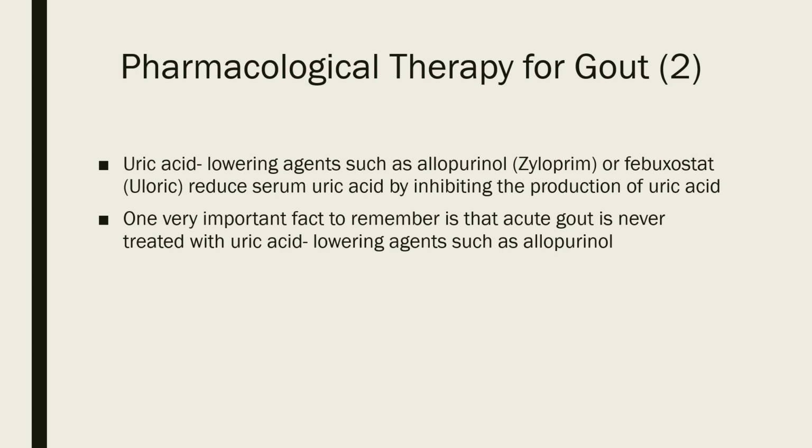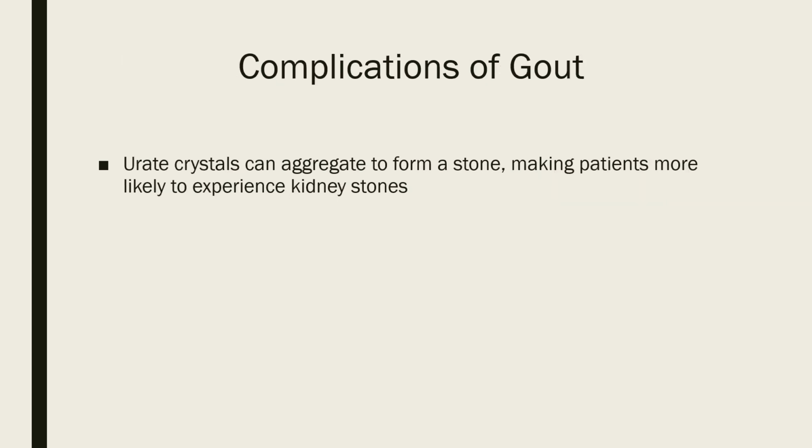One very important fact to remember is that acute gout is never treated in that moment with a uric acid lowering agent, such as allopurinol. So, complications of gout: uric crystals can aggregate to form a stone, making patients more likely to experience a kidney stone.